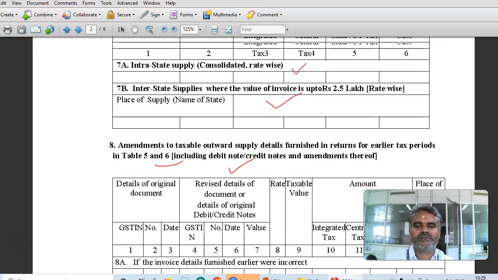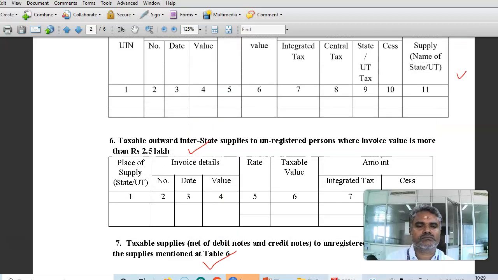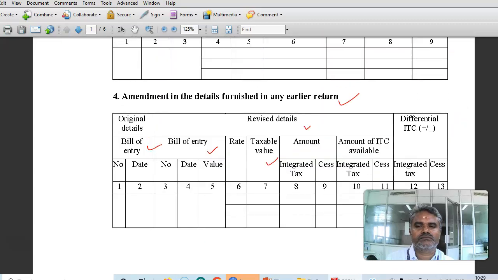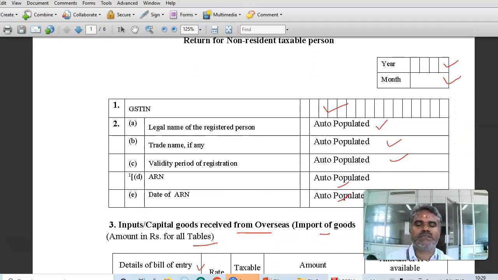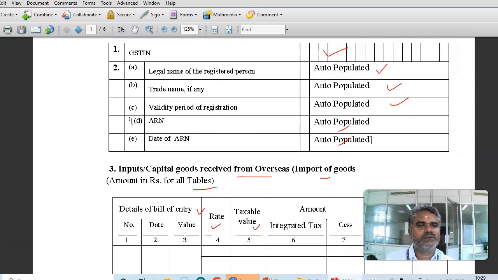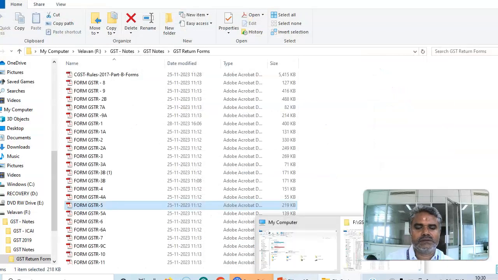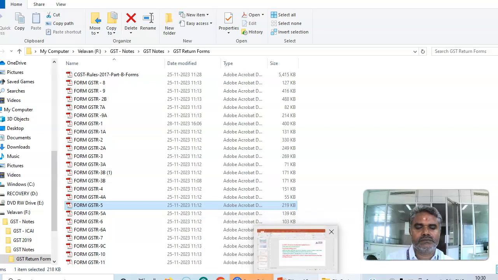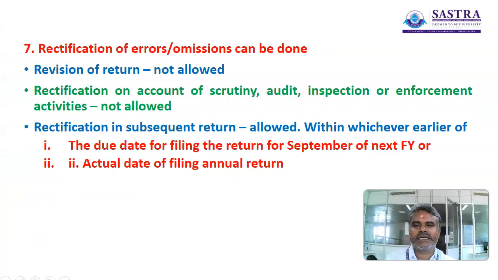GSTR 5. Understand about GSTR 5. Good. Now, rectification of error or omission can be done.